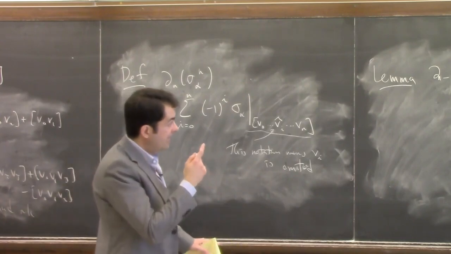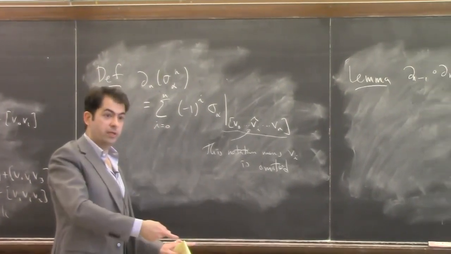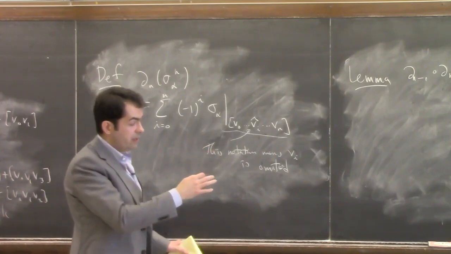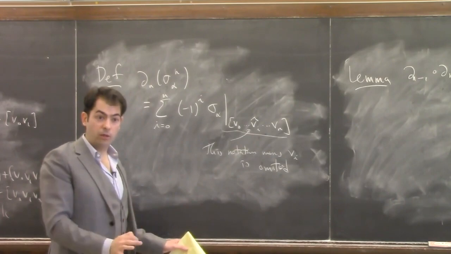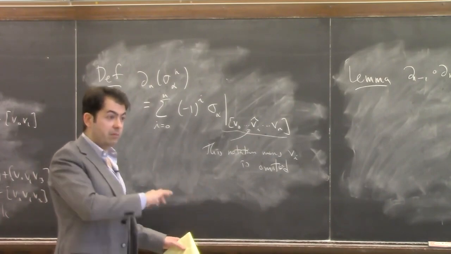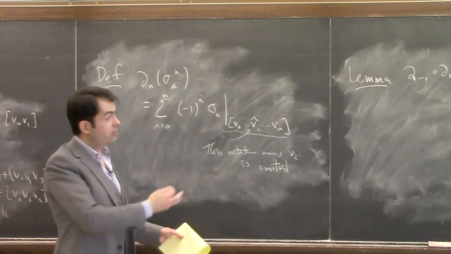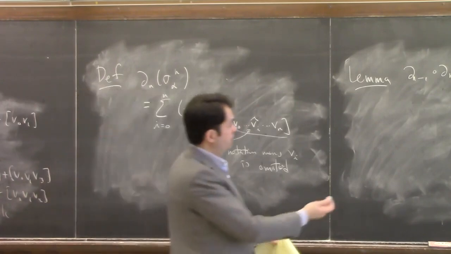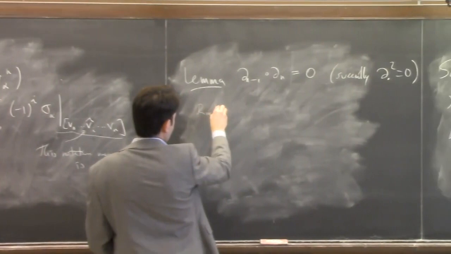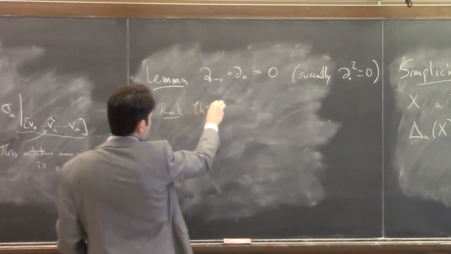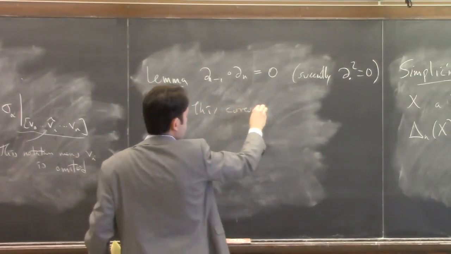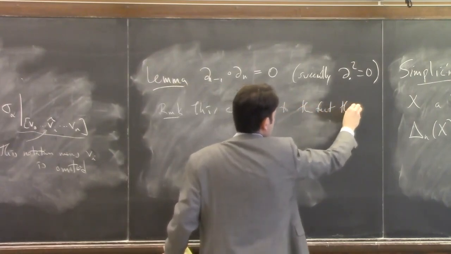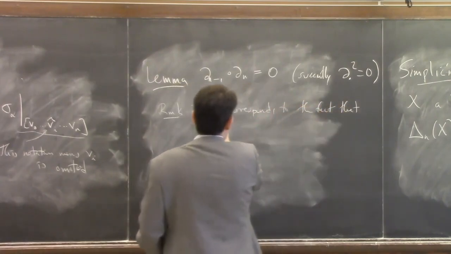If you look at the n simplex, it looks like an n-dimensional ball, so its boundary is the n-1 dimensional sphere. So this is really just the fact that a sphere has no boundary.